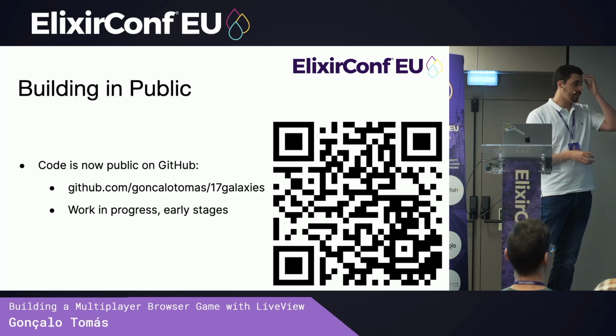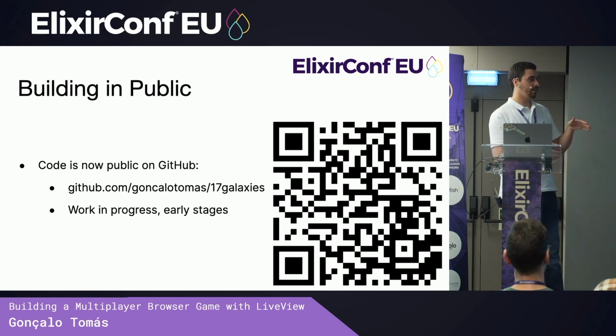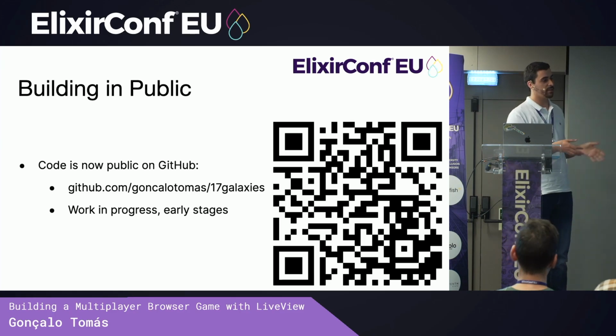I think that's one of the main benefits of LiveView Native. Once it ends up being mainstream, I think that's something you'll be able to do, because if you have the LiveView protocol to a Phoenix server, you can then implement a game.